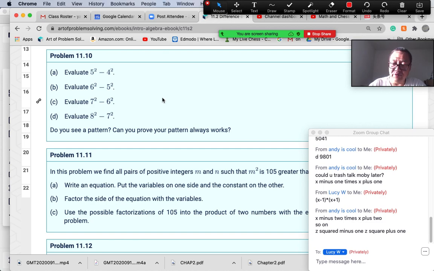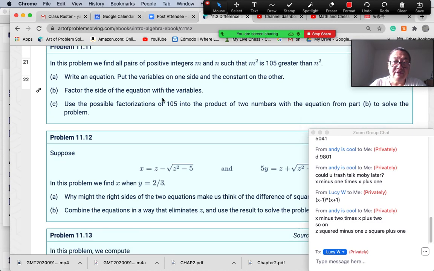Now let's go to 11. In this problem, we find all pairs of positive integers m and n such that m squared is 105 greater than n squared.